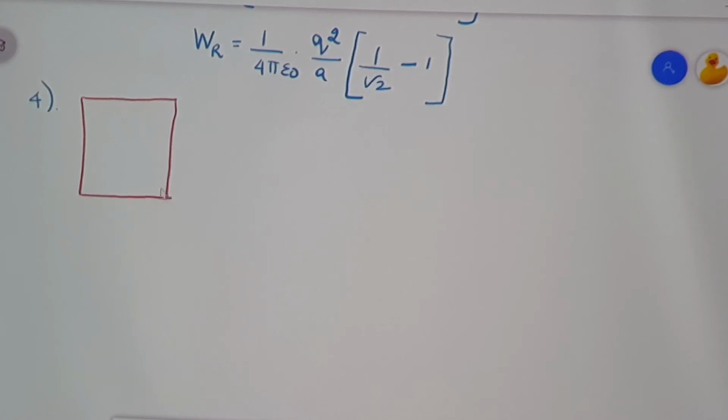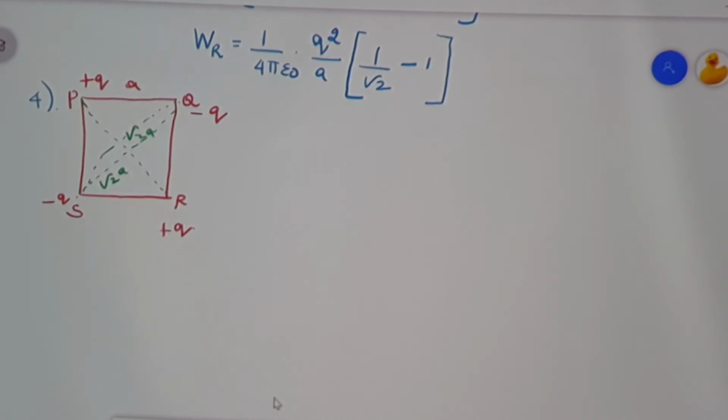In that square, this point you are considering P, this is Q, this is R, and this is S. Now, at this point you are having a charge plus Q. Here you are having minus Q. Here again plus Q. Here again minus Q. And this side we have taken as A. And we have calculated the distance between P and R as root 2A. Similarly, I can calculate the distance from Q to S. This distance Q to S is also root 2 into A.